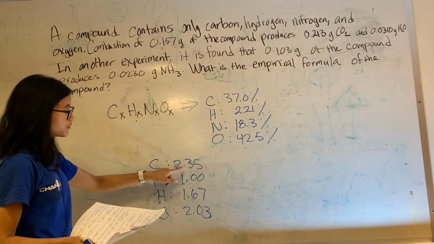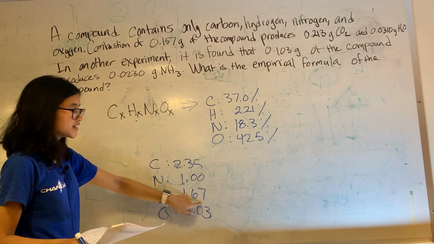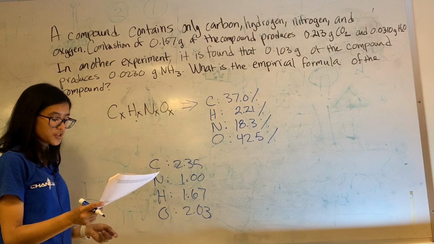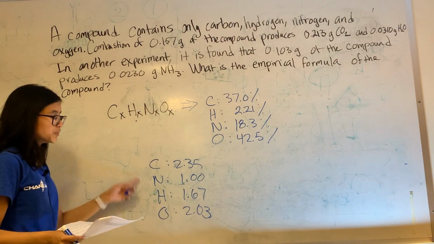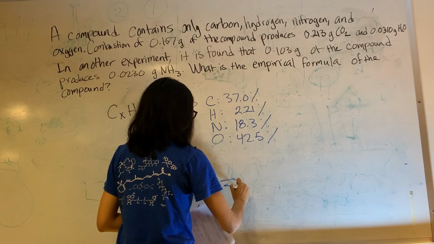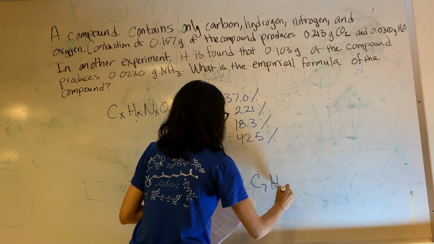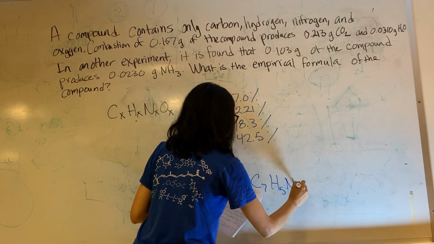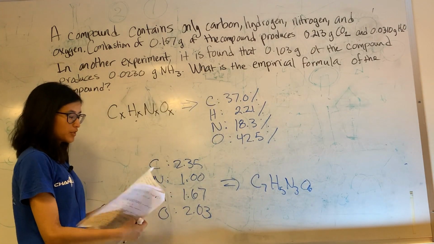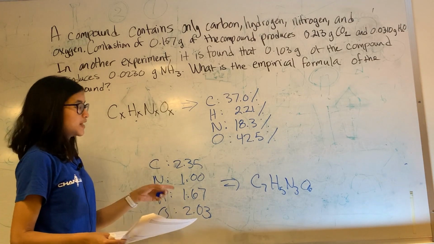Sometimes that does mean you messed up, but if you notice 0.3s and 0.6s, that's a pretty good indication that you can multiply by 3 to get your whole number ratios. So that's exactly what you'll do here. You'll multiply everything by 3, and then the final answer that you will get is that our compound is C7H5N3O6. All right?